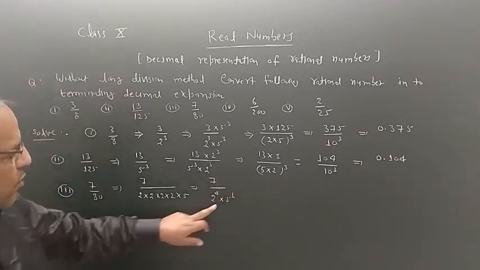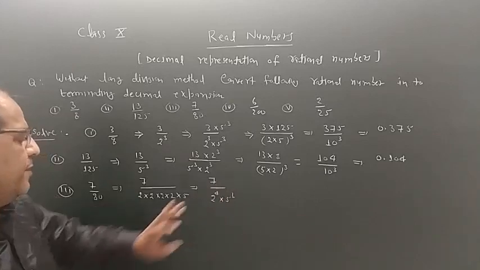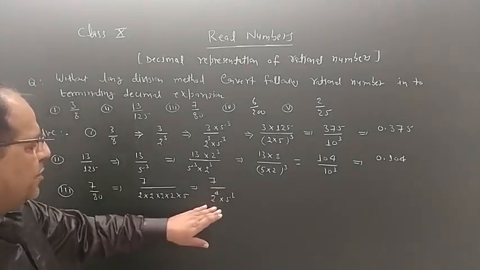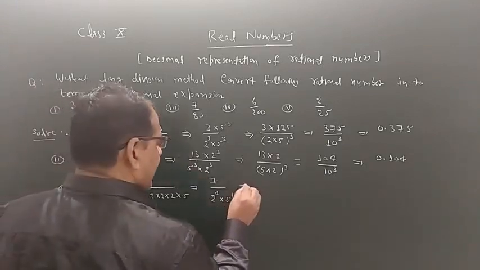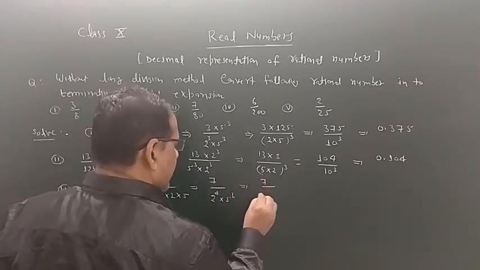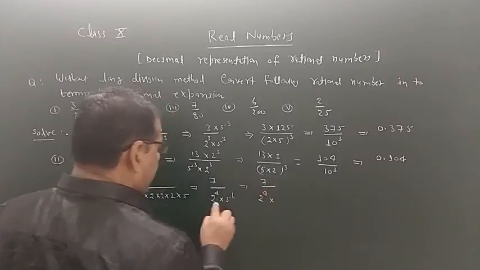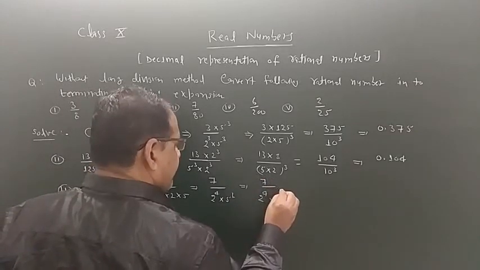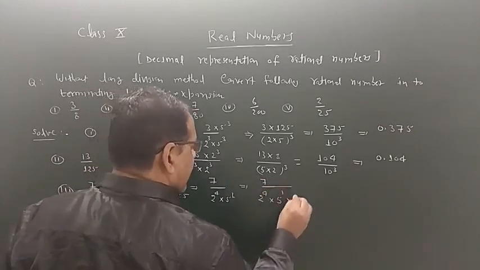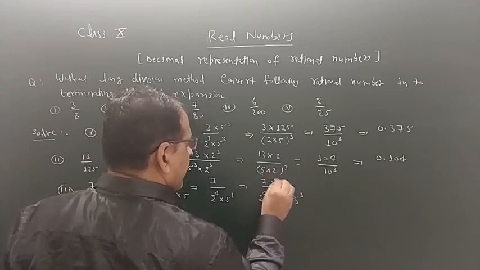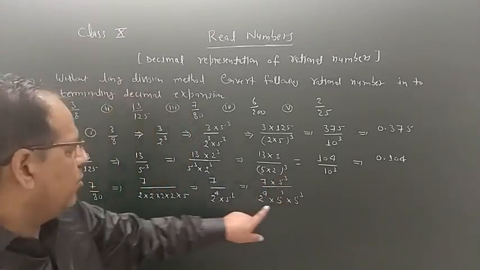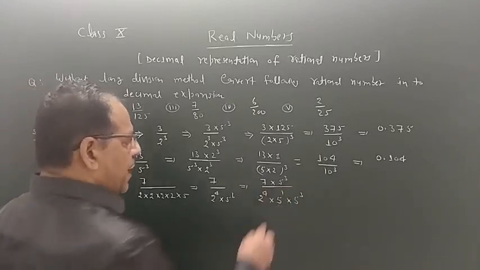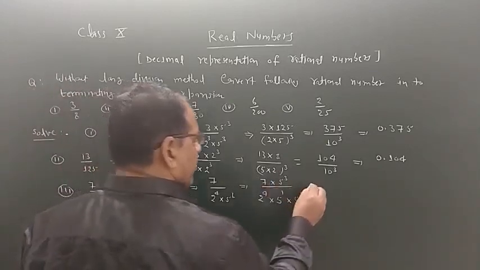In the denominator, 2 to the power 4 and 5 to the power 1 are present, but we want to convert the denominator into a power of 10. The highest power of 2 is 4, so 5 also should have the same power as 2. So multiply by 5 to the power 3 in numerator and denominator.